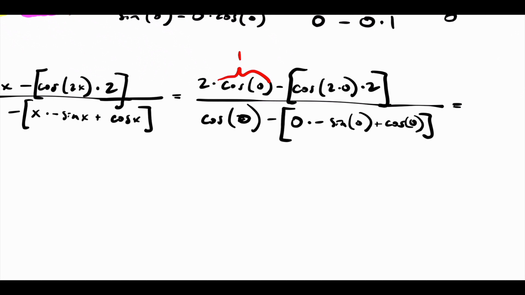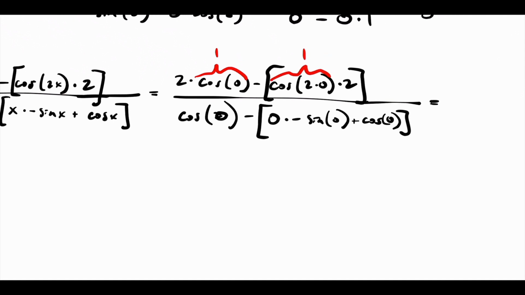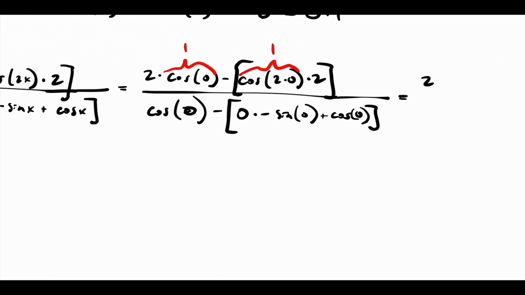So this is 2 minus 2. We have 1 minus, okay, so this part here is going to be 0.